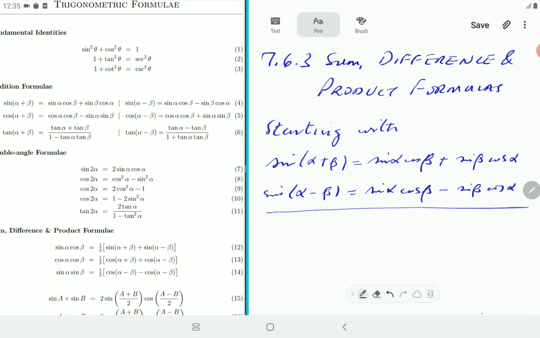So if we add these two, then on the left hand side we're going to have sine(alpha plus beta) plus sine(alpha minus beta).